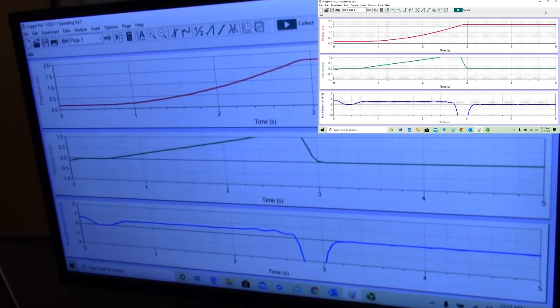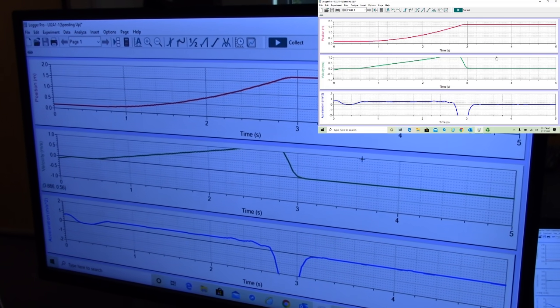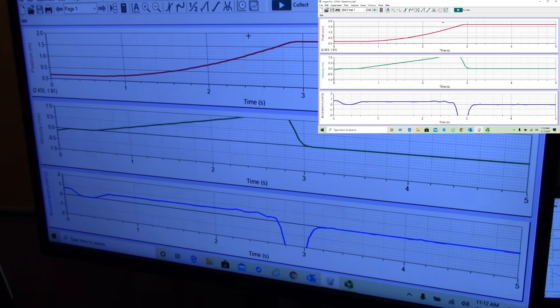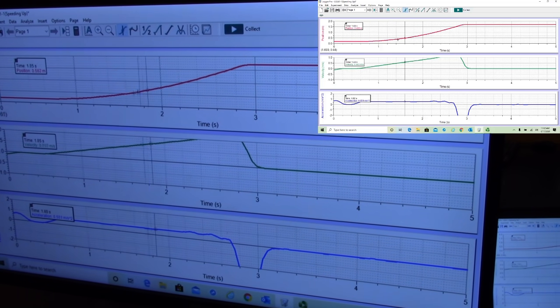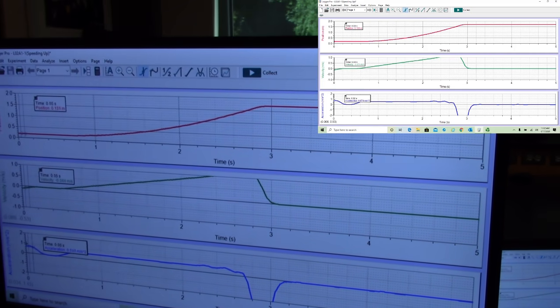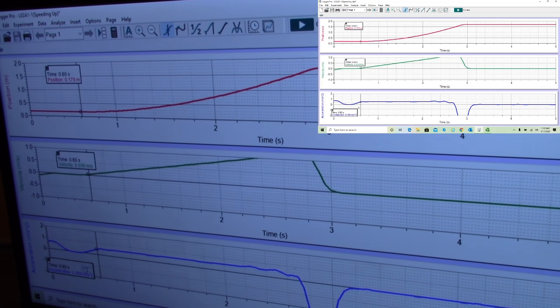The cart here, using the acceleration graph again. Control E. There we go. Okay, using the acceleration graph again, and maybe moving this somewhere else.